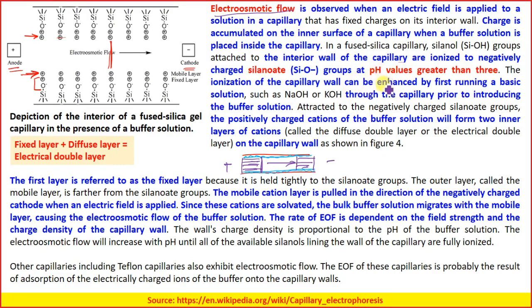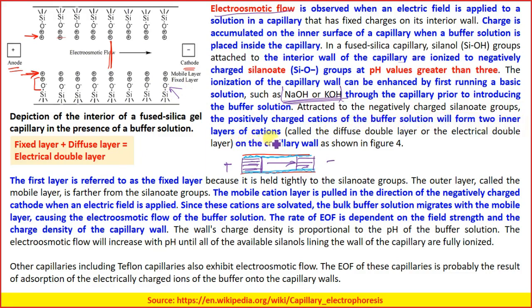The ionization of the capillary wall can be enhanced by first running a basic solution such as sodium hydroxide or potassium hydroxide through the capillary prior to introducing the buffer solution. I have already explained why this is needed, because this will allow you to generate more and more silanoate groups.